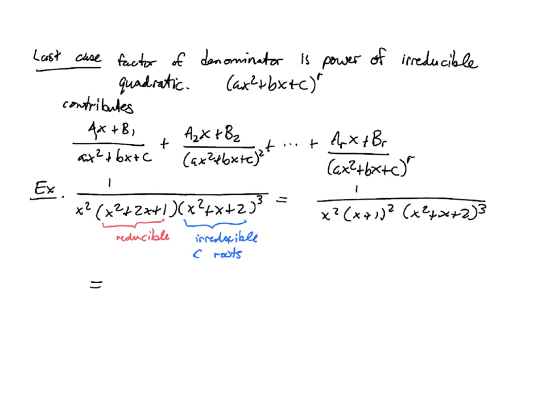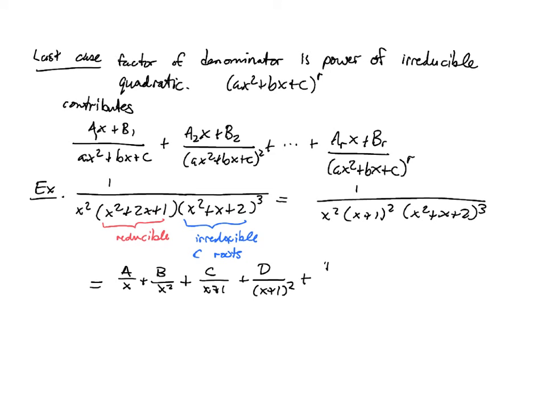And so the partial fraction decomposition in this case has the form: I have two terms corresponding to the powers of x. I have two terms corresponding to the powers of x plus 1 squared. And I'm going to have three terms corresponding to that third power of my irreducible quadratic.